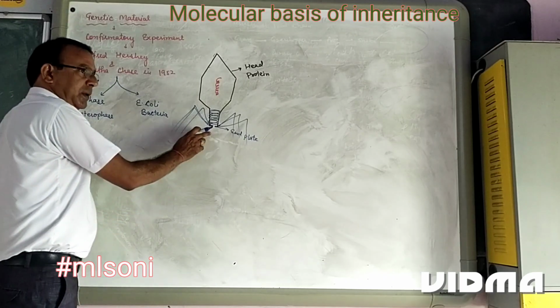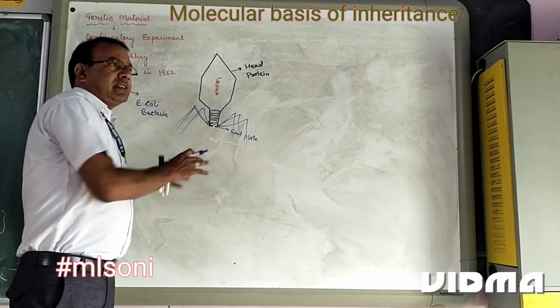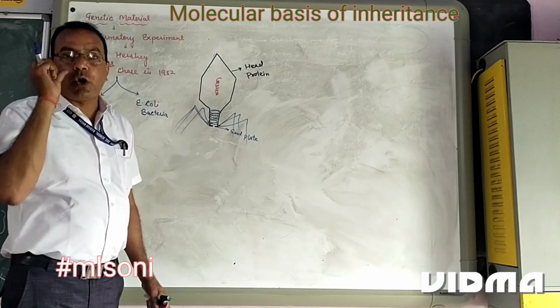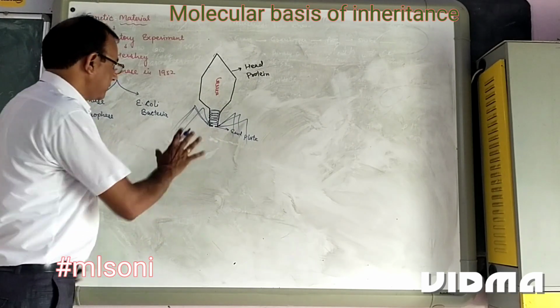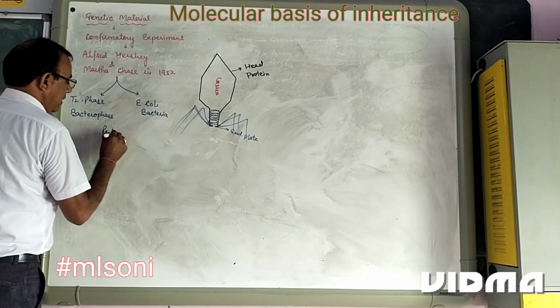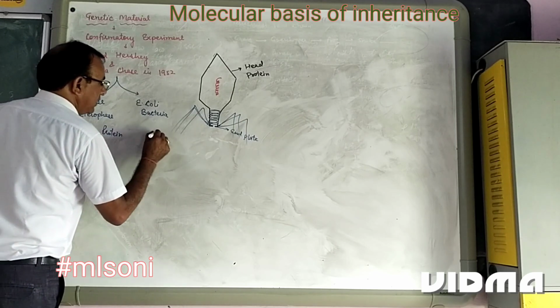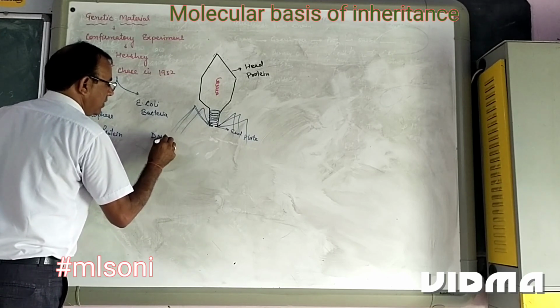The six leg-like structures help in adsorption; it sticks to the other organism.